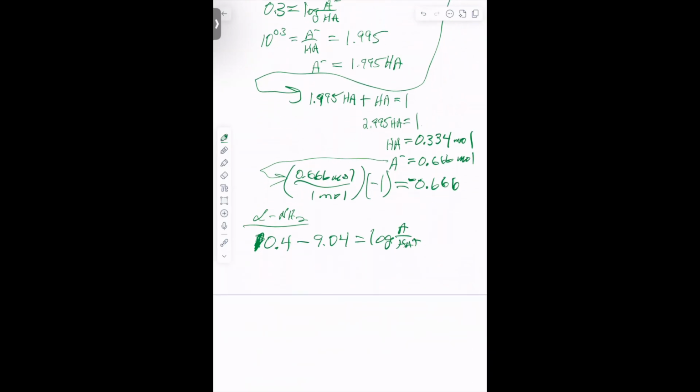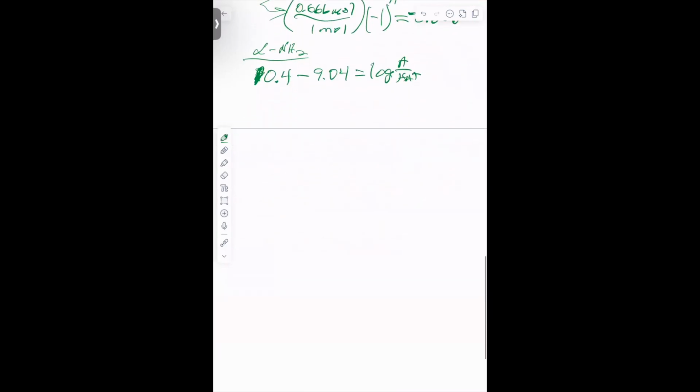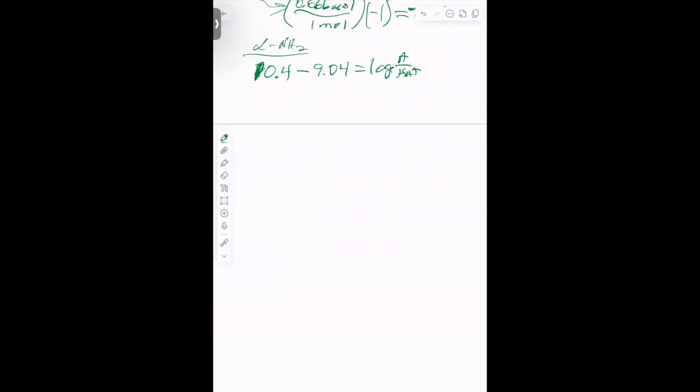And if I do all of this, you'll get 22.9 is equal to A over HA plus. And then I can do a different substitution, the same kind of thing. A is equal to 22.9 HA.